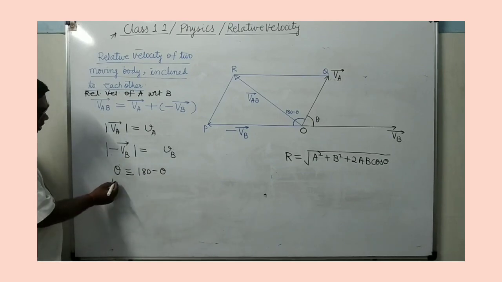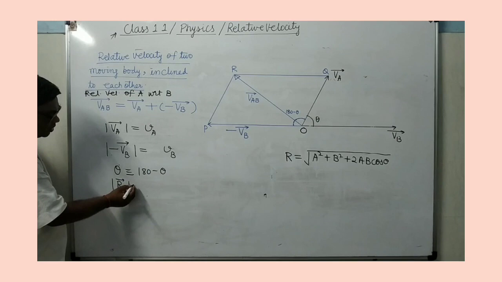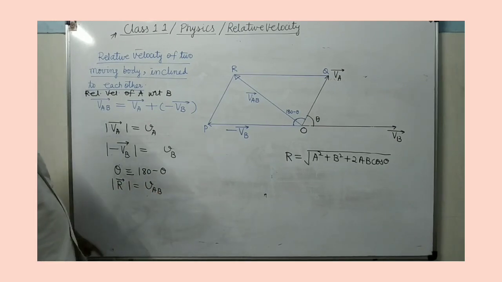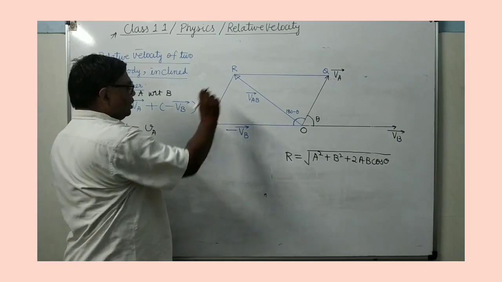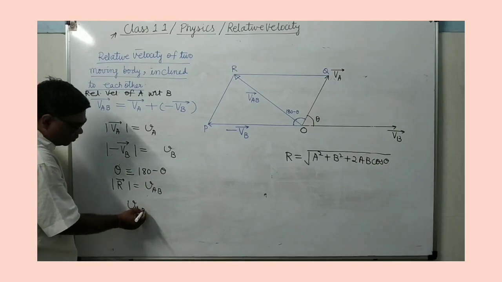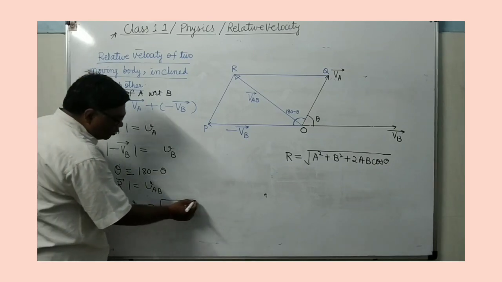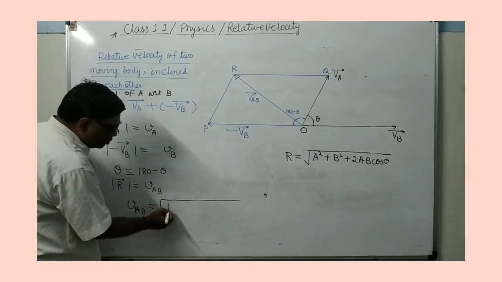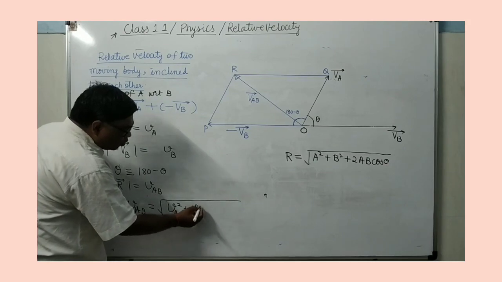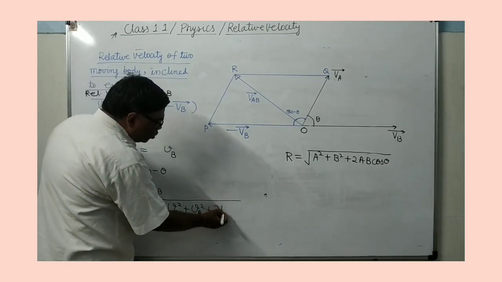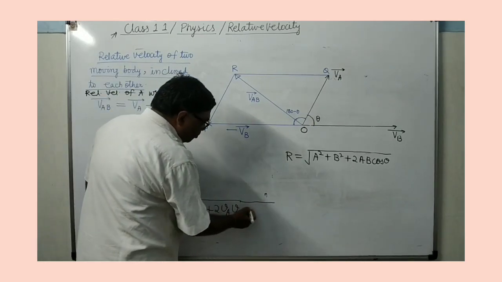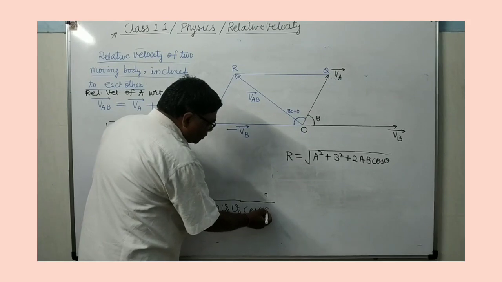What is the resultant vector here? The resultant vector R is equal to VAB, because the resultant vector is this. So how will you find it? VAB equals the square root of VA square plus VB square plus 2 VA VB into cos of the angle between them, cos of 180 minus theta.